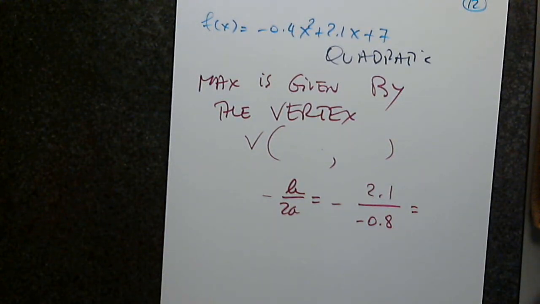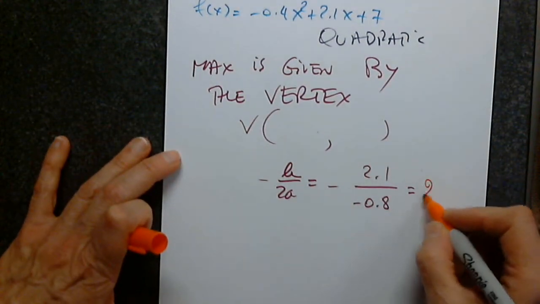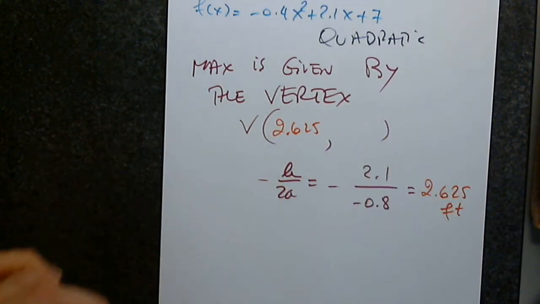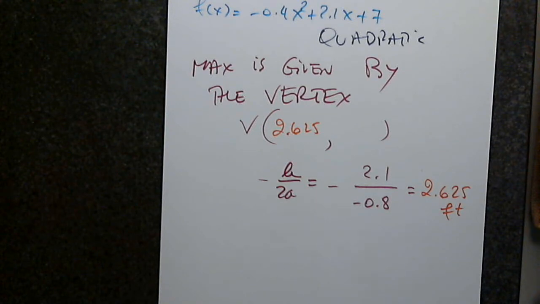What is it? 2.625 feet. So in other words, I threw the ball up and out. So 2.625 feet from me, it will reach the maximum.